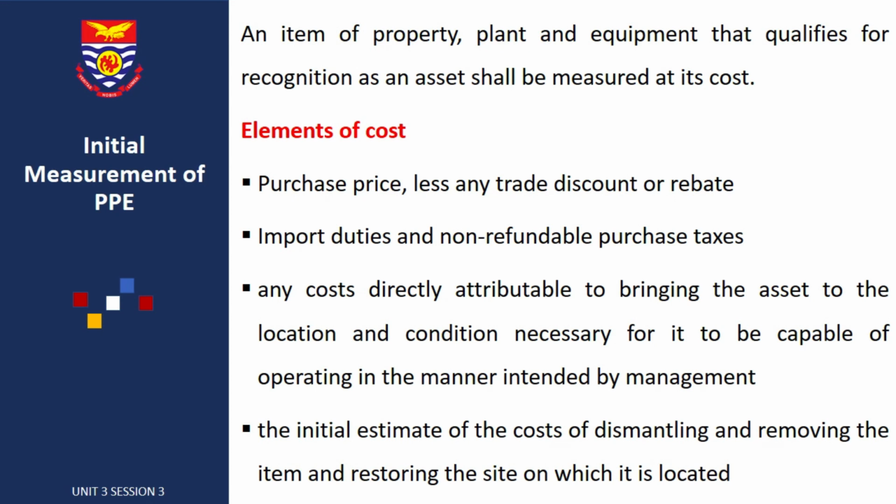So the amount you are buying the item, if you are giving any discount, you take it out, or any form of rebate, tax rebate given to you, you subtract that one also out. Then we also have import duties and non-refundable purchase tax. So if you are importing the items, you pay for the price of the item as well as paying import duties during clearance at the port.